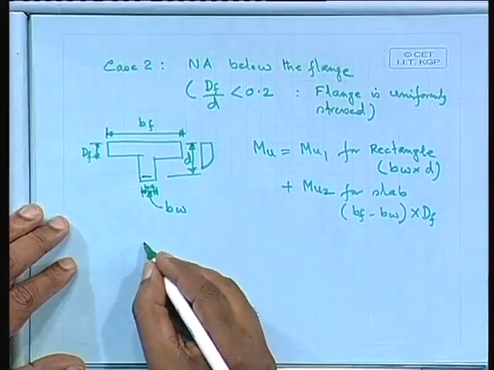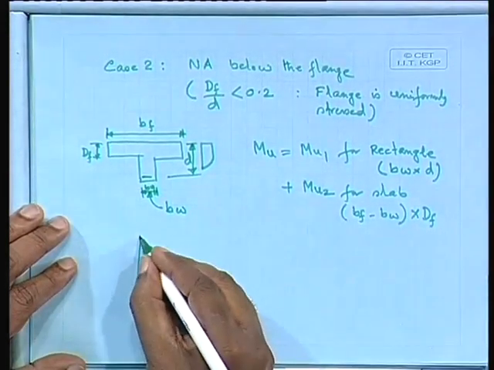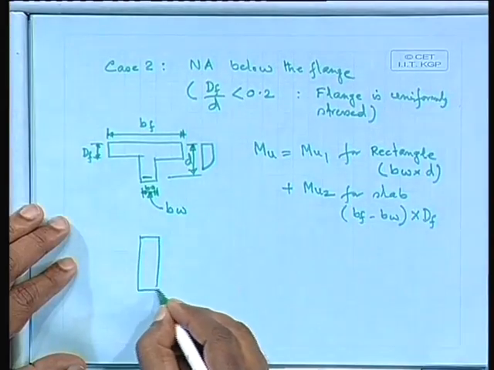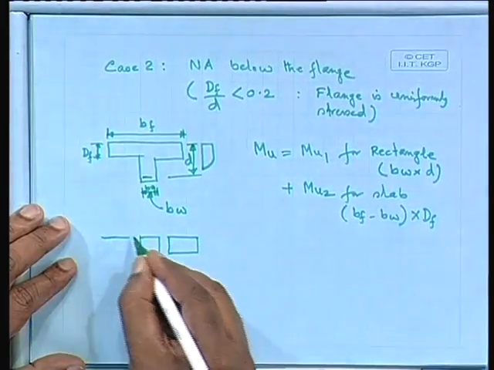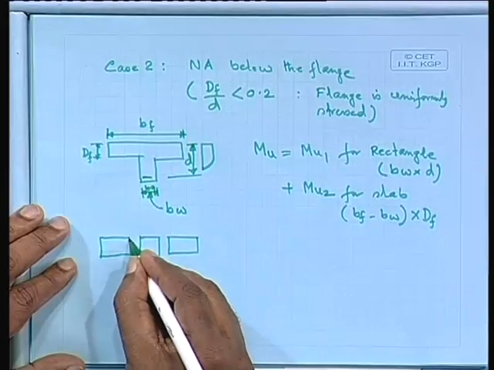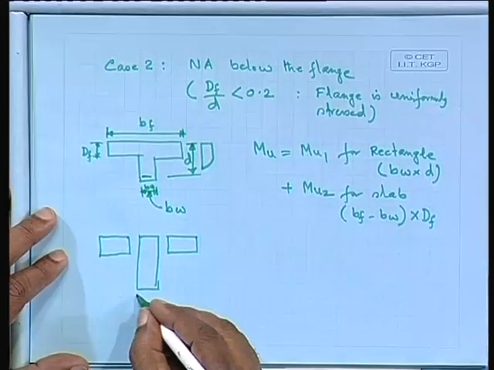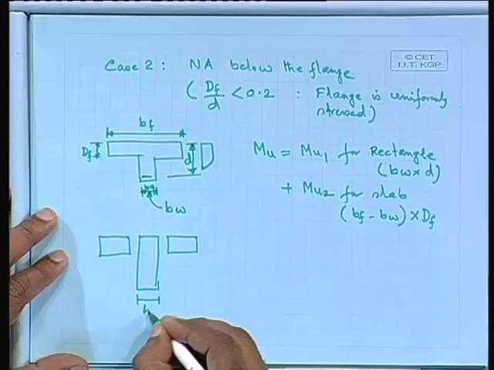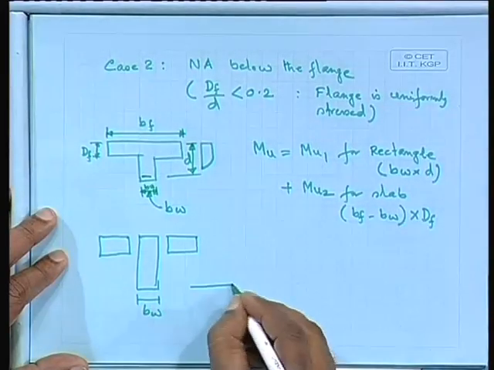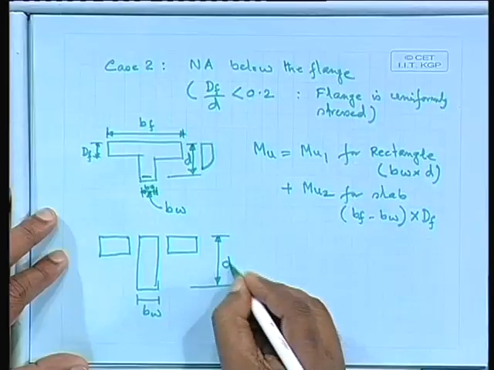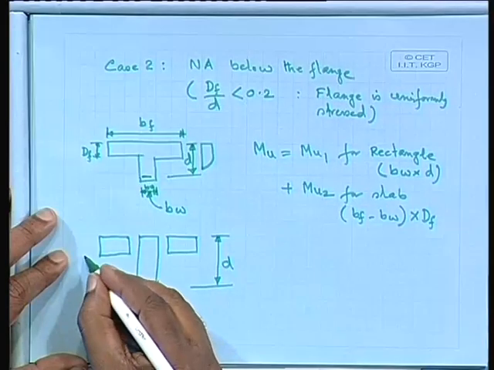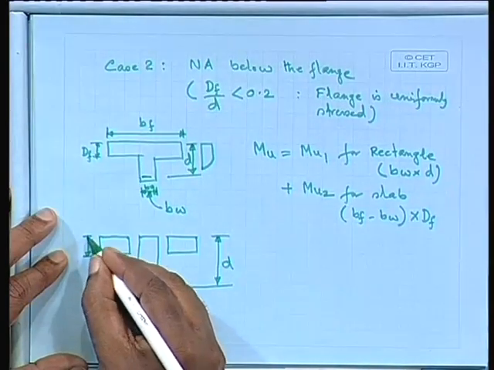So we are removing these two portions and doing it separately, bw and d. This is df.